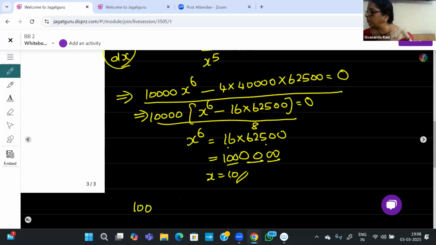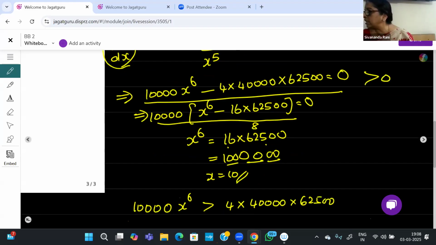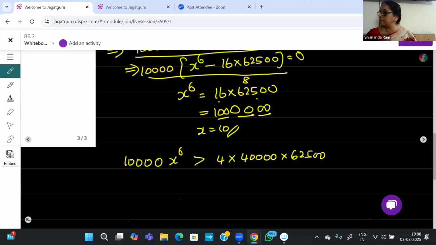So he wants to know whether 10,000 x power 6 is more than 0. That's what he's asked. We equated it to 0 for maximum minimum. For increasing or decreasing, we want to know whether it is positive or negative. Is it positive or negative? You have to factorize and decide.